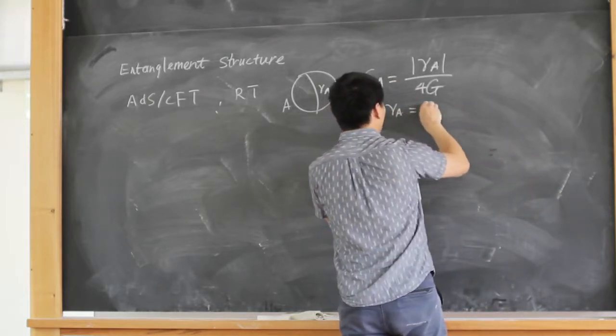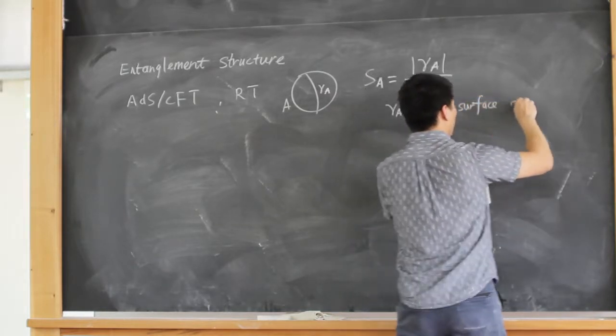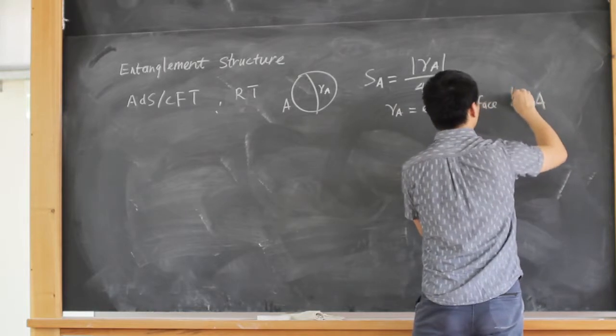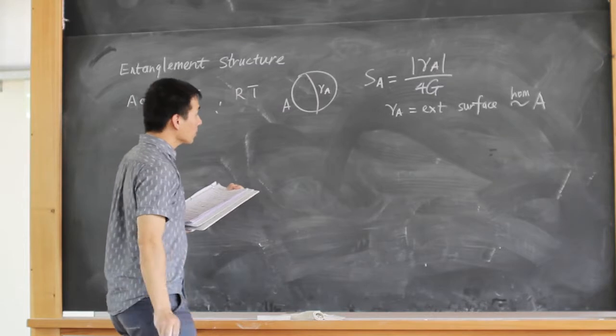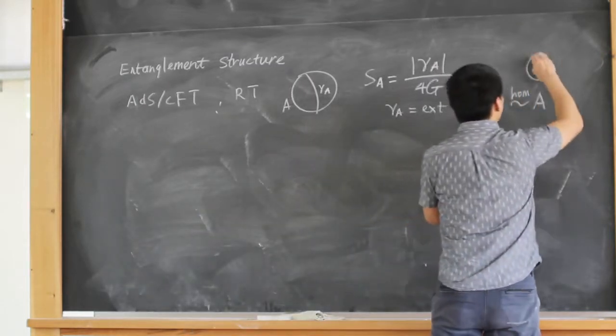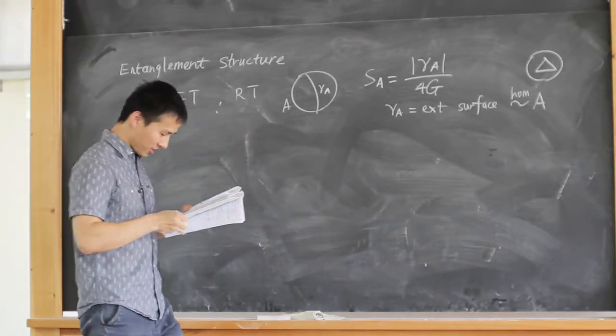So gamma A is the extremal surface homologous to A. That's the Ryu-Takayanagi surface. I'm going to give it a triangle because I'm going to refer to it in a moment.